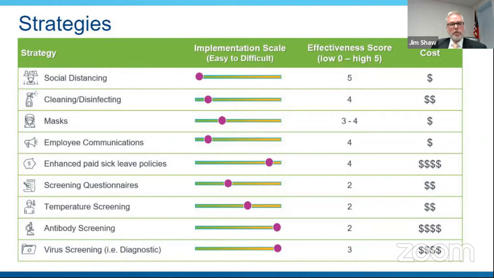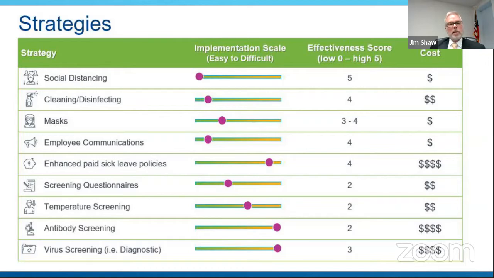Once you start getting into screening, for instance, temperature screening, there's a greater question about its effectiveness, in that by the time somebody has a temperature, they may have been shedding the virus for several days and have already passed that virus along. Nonetheless, if it's easy enough to implement, and with the police department, we do it at shift change, and you can keep people separated during that screening, then we feel like we're catching, or preventing some of the spread. It's not without some cost.